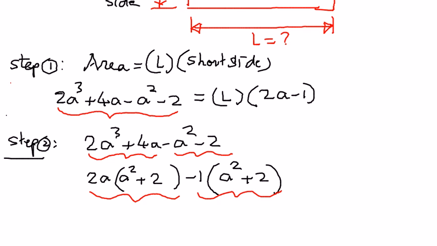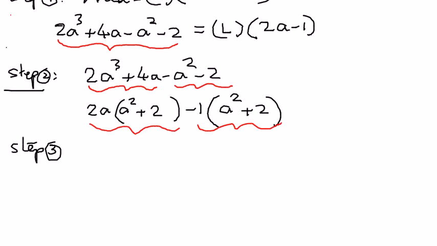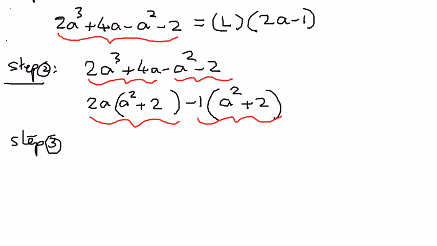So now, if I were to look at this part and this part, there is something common. I'm going to write that as step number 3. In here, you will see that a squared plus 2 is common between these two. Therefore, if I were to pull out a squared plus 2 as common, I'm going to open up another set of parentheses and write the terms which are not common in these two.